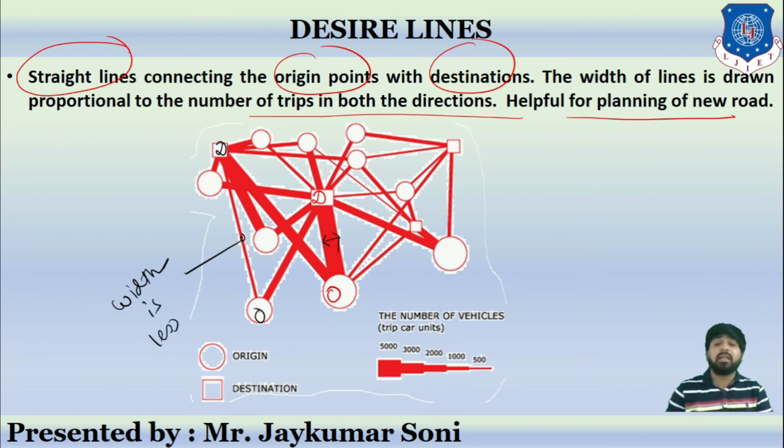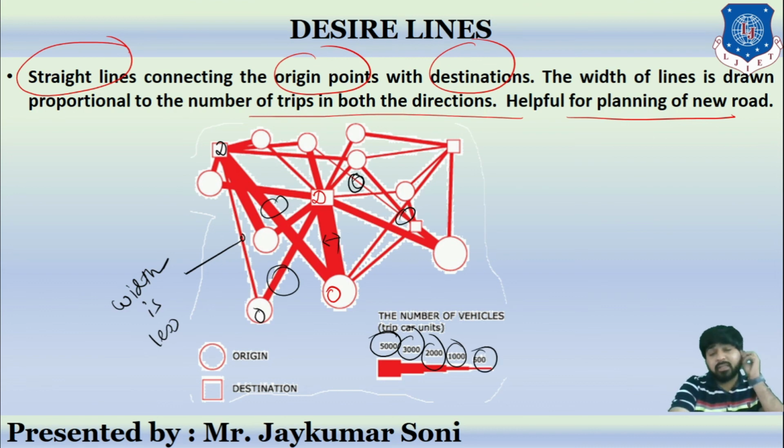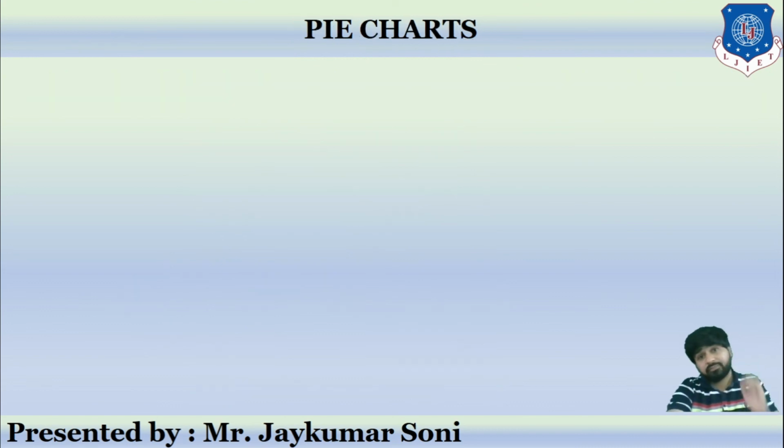So this is how desire line works. See, the thickest parts have 5,000 trips, lesser thick parts have 3,000, again lesser have 2,000, the thinner has 1,000 and the thinnest line here has 500 trips. So this is how desire line works.